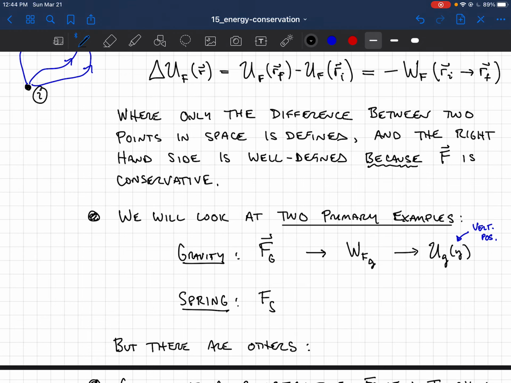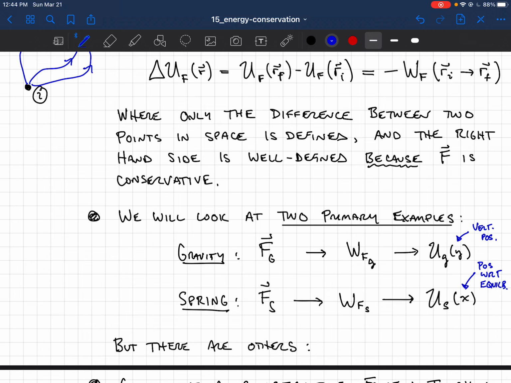So we called that Fs, and it gives us a work done by the spring force, and we'll show that that work is independent of the path, and therefore we can define a U sub s, and we're going to define that function in terms of the x position, which, as we talked about last time, is position with respect to equilibrium. So meaning the position at which the spring is unstretched will be called x equals 0.